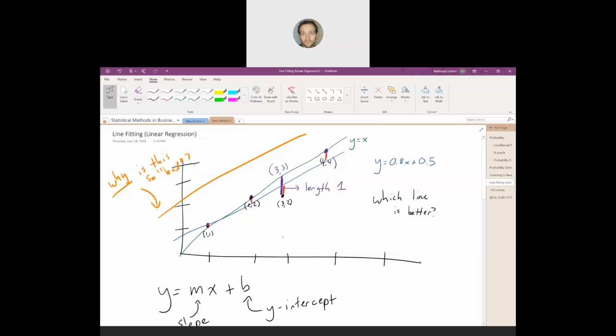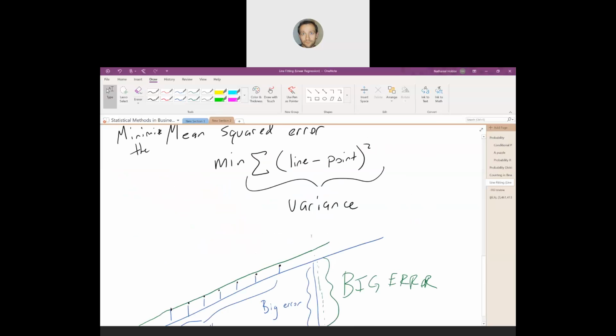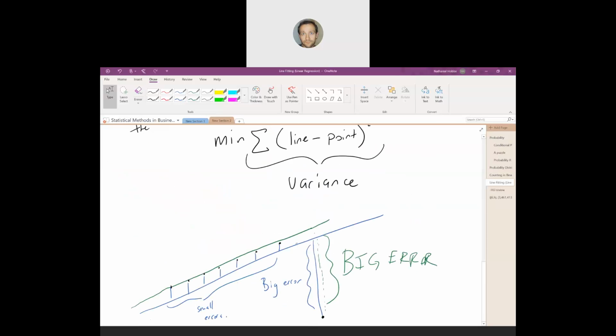Which is smaller? If you take all of these red errors and you stack them on top of each other, is that smaller than 1? If so, that's a better line. So here, the blue line might be a better line.